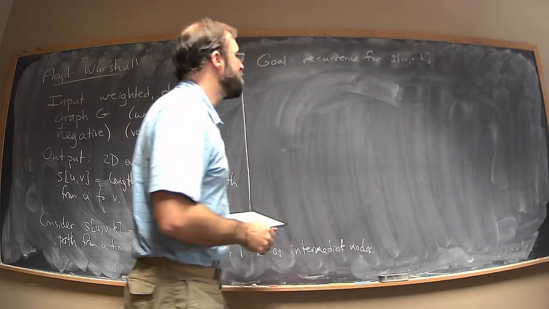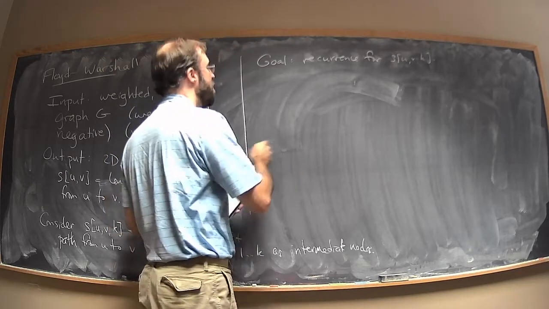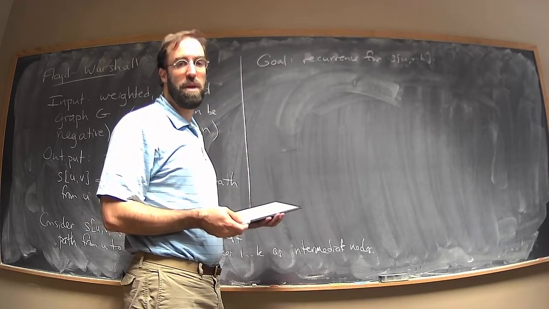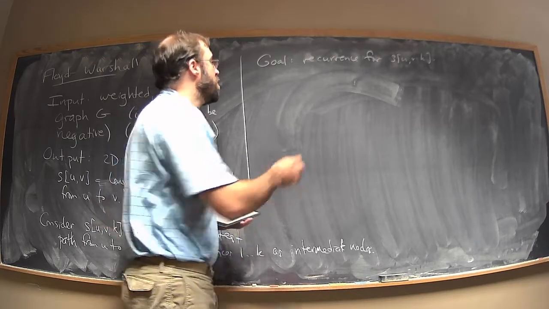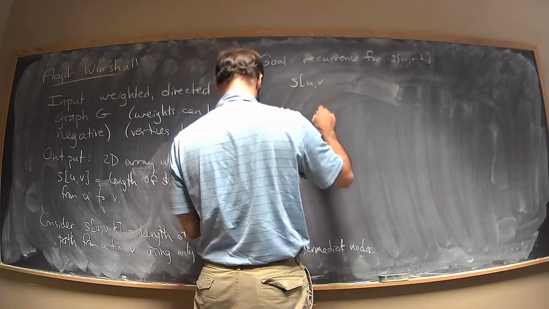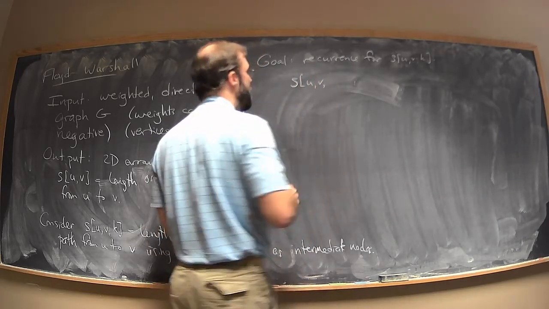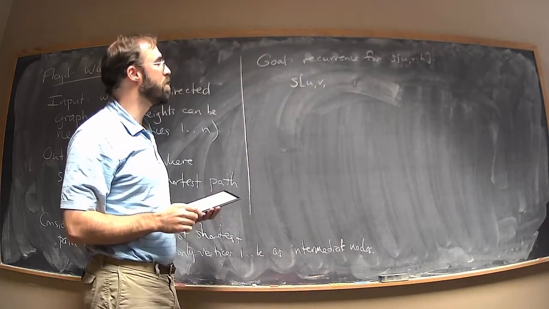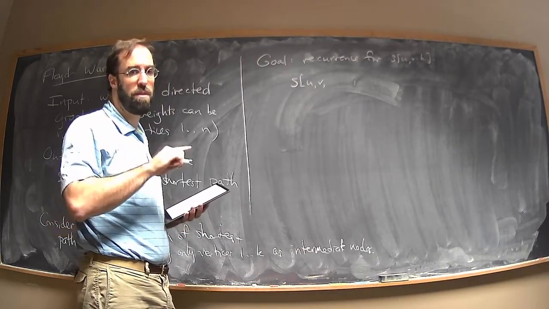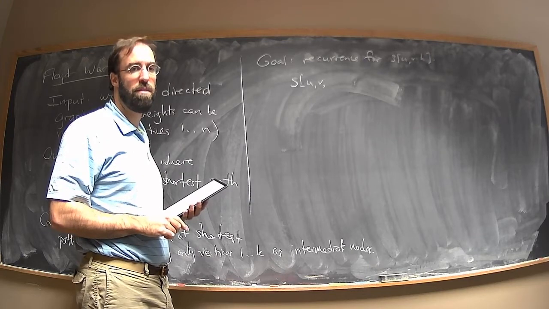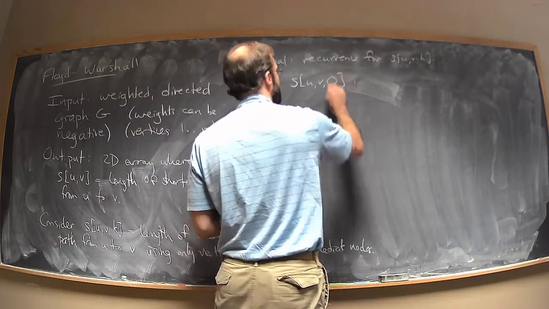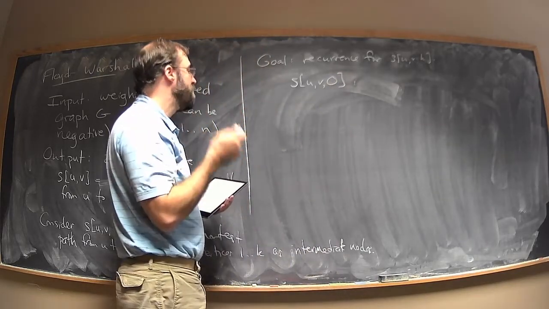Okay, let's think about some base cases first. Maybe you want to pause the video and think about what some base cases would be. The base cases are all going to have to do with when k is 0. That means we're not allowed to use any intermediate vertices at all on our path from u to v. So, what could that look like? There are a few cases.